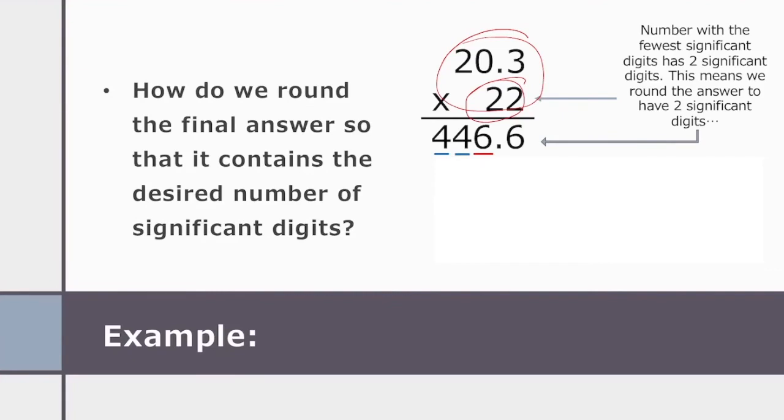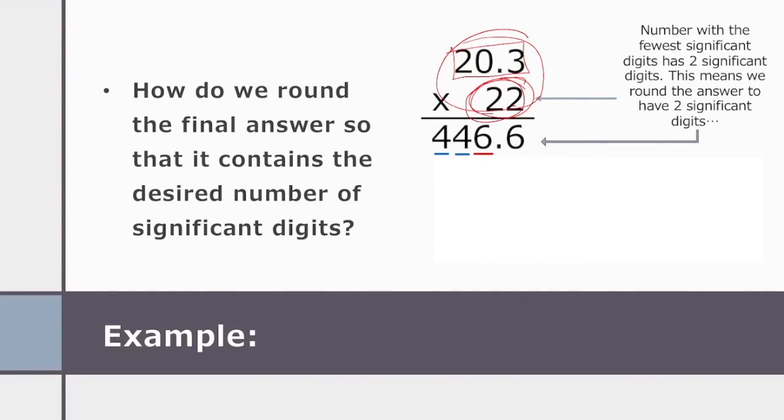It only has 2 significant digits, and this one has 3. Okay, so we're looking at 22. We want our final answer to have 2 significant digits. So what I need to do is round this so that it only has 2 sig figs.